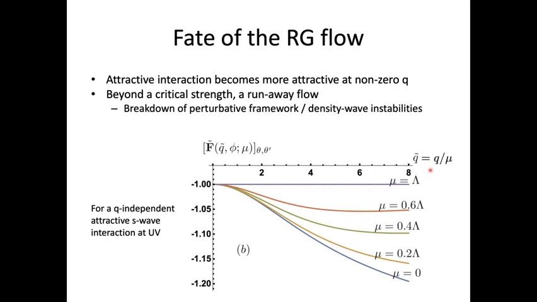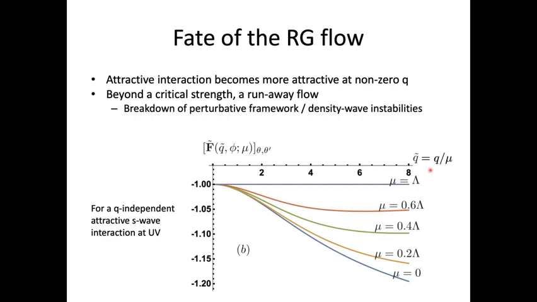So as the energy mu is lowered, this coupling function's shape and magnitude change, right? And you can ask whether this coupling function exhibits any runaway flow at certain Q, right? If the UV coupling function is not attractive enough, that doesn't happen anyway. That means it flows to the fixed point, which is the Landau Fermi liquid theory.